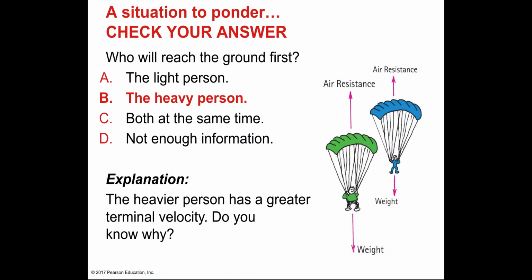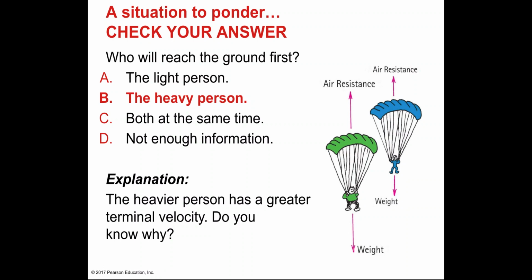Remember, in this case, you cannot talk about them reaching the ground at the same time because they are not free falling. It's only when objects are free falling that they will reach the ground at the same time. But in this case, the objects are not free falling, and because they are not free falling, they cannot reach the ground at the same time.